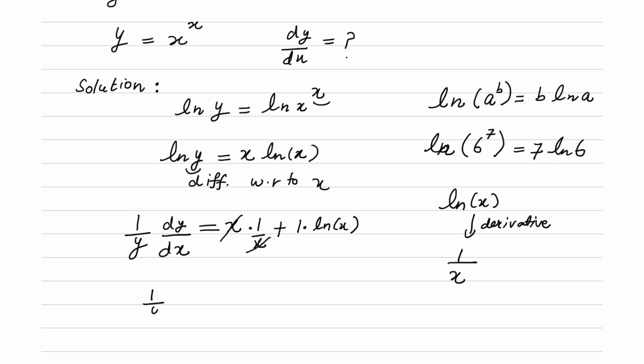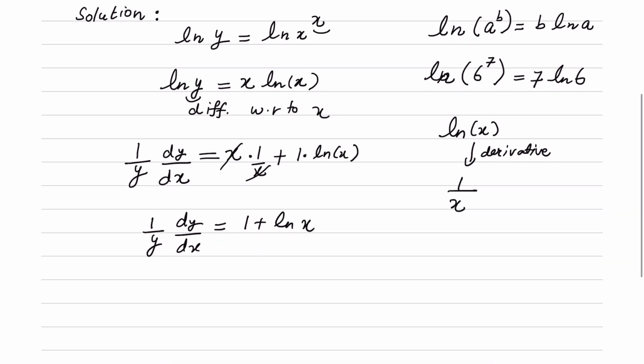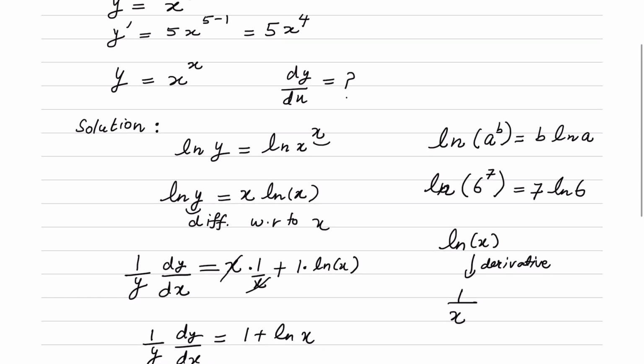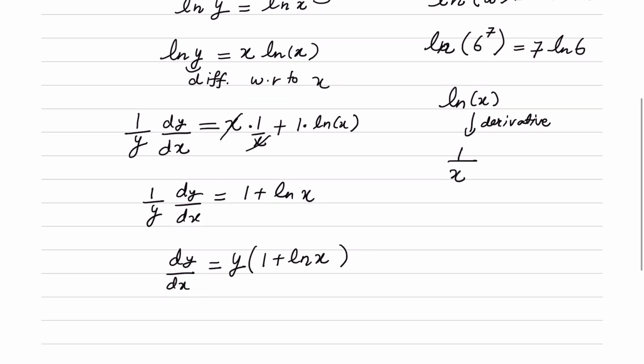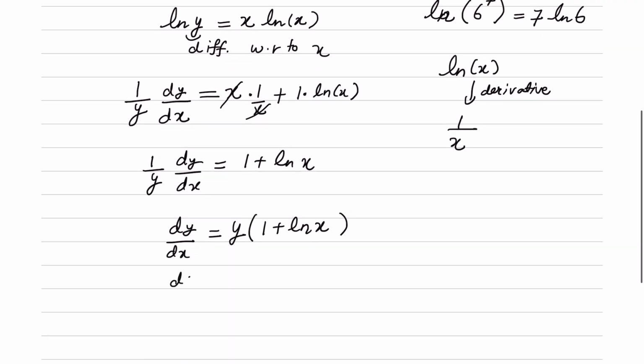We have 1 over y dy by dx is equal to 1 plus ln x. Since we had to find dy by dx, we will keep dy by dx here and take y up on the other side. Now y in the beginning was x to power x, so in the place of y we will write x to power x times 1 plus ln x.